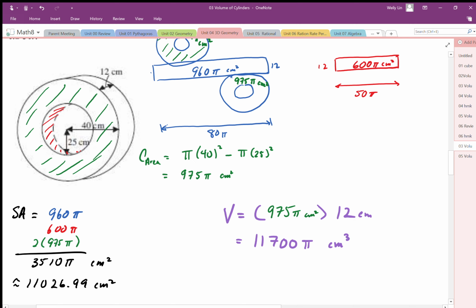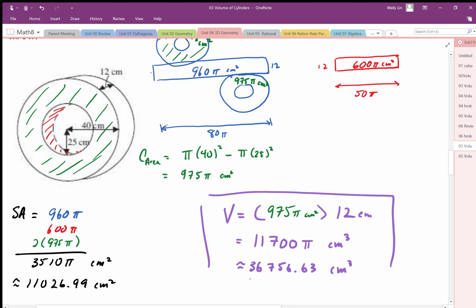So times that by pi, and we end up with approximately 36,756.63 centimeters cubed. And again, if you're somewhere around 37,000, depending on the rounding involved, you can assume that you've done the right calculation. So here are my two solutions.